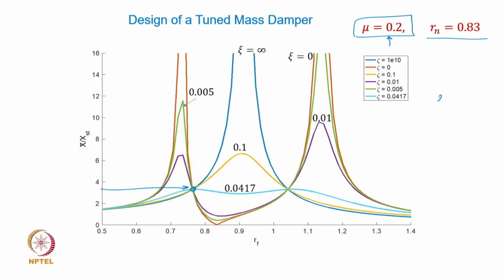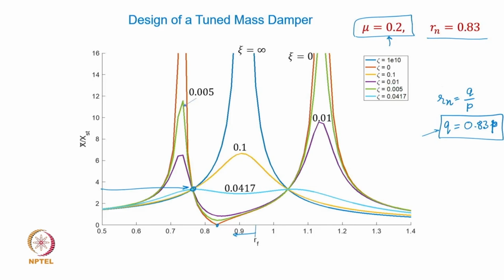So your absorber natural frequency Q should be 0.83 times P. If the natural frequency of the parent system is known, you can immediately choose the appropriate stiffness and mass values to comply with this equation, and therefore you can see that the zero response will be much more shifted to this side based on the mu value.